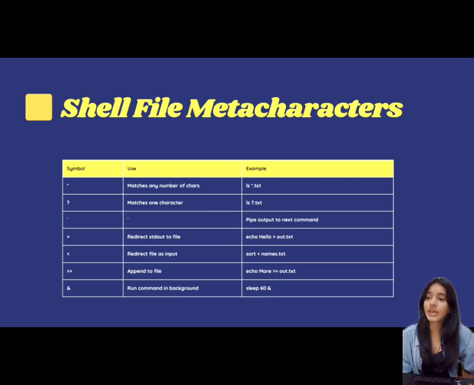Greater than redirects output to a file, and double greater than appends to a file. Less than reads input from a file, pipe sends output to another command, and ampersand runs a command in the background. These are tiny symbols that do a lot.